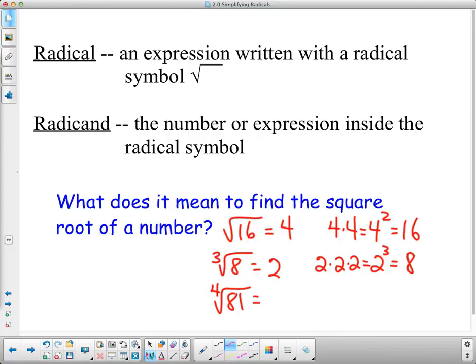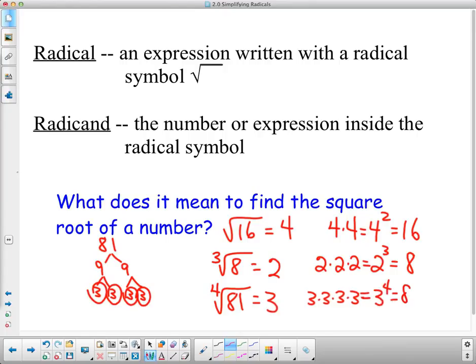This is where that factoring tree part that we did with the bell ringer would help. So if you did your 81 and factored 9 times 9, 3 times 3, 3 times 3, you would notice that there are 4 3's, which can help you figure out the 4th root of 81 is 3. 3 times 3 times 3 times 3, which is 3 to the 4th, is 81.